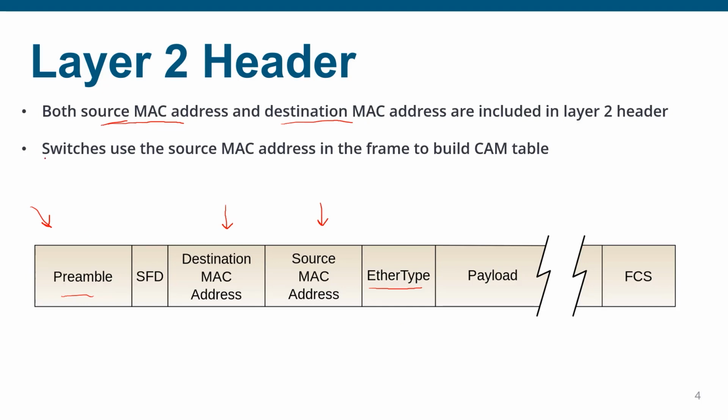Layer 2 switches and Layer 3 switches use the source MAC address in the frame to build the CAM table.